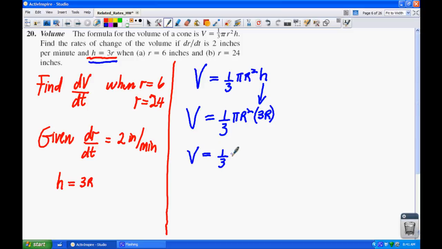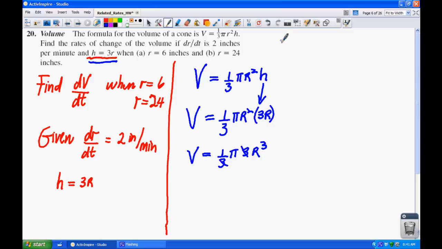So I'm going to simplify that. R squared times r gives me r cubed, and these threes right here, one-third times three, they're just going to cancel out. Okay, so r squared times r gives you r cubed, and then these threes cancel each other.